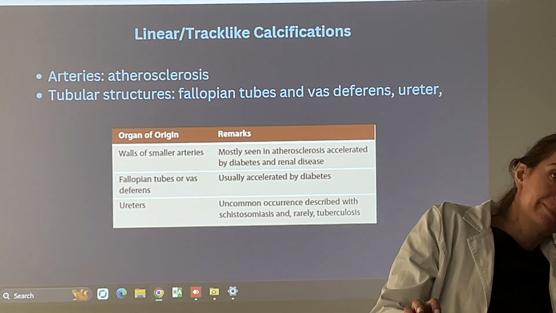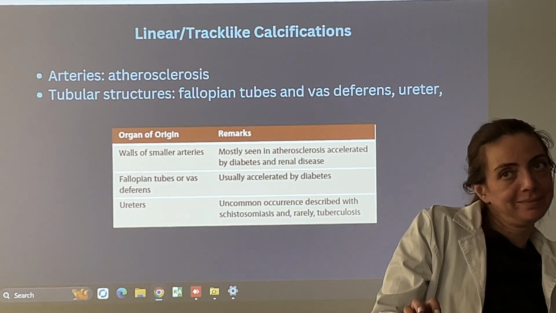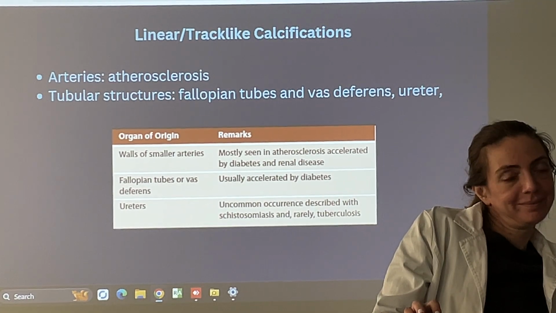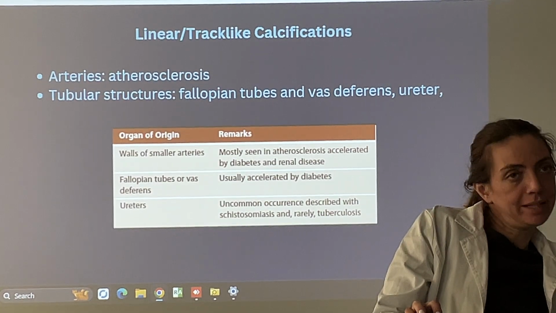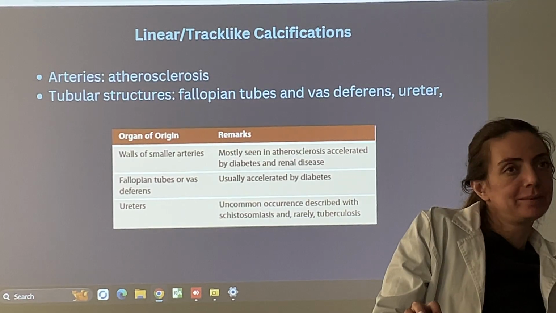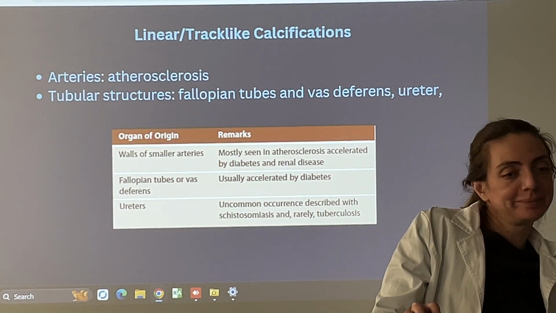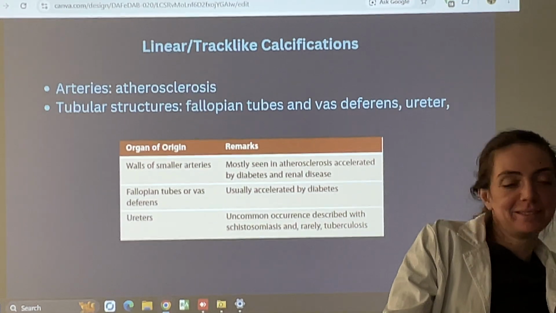Valves. Ma'am told veins cannot be calcified, the walls of the veins. But what can be calcified? Valves. Thrombi.